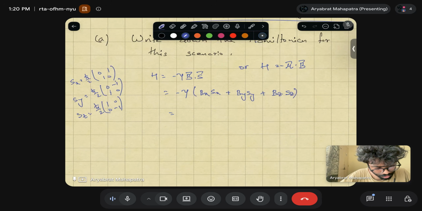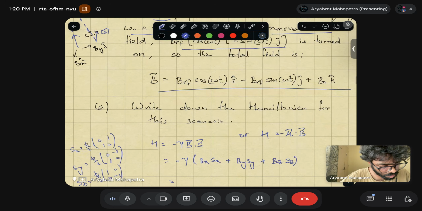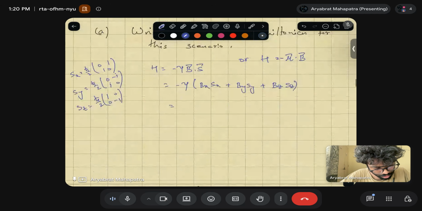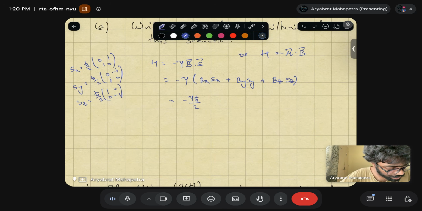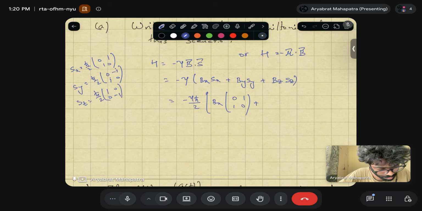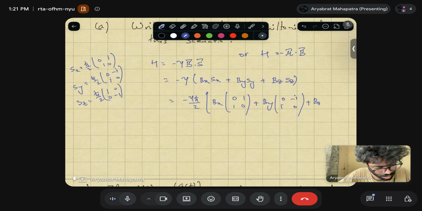Now using them, with Bx, By, Bz given in your question, you can write minus gamma h bar by 2 times Bx 0 1 1 0 plus By 0 minus i, i 0, plus Bz 1 0 0 minus 1.